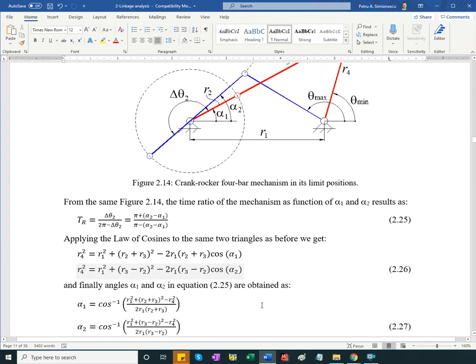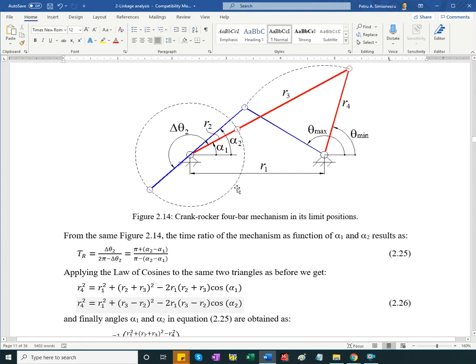If I want to calculate the time ratio, I recognize that delta theta 2, same as for the slider crank, is made of 180 degrees, or pi, plus this angle, which is the difference between alpha 2 and alpha 1. How do I get alpha 1 and alpha 2?